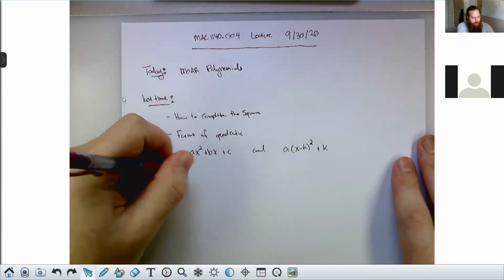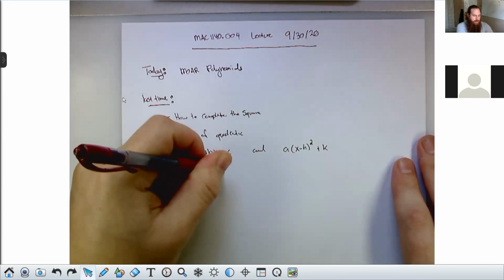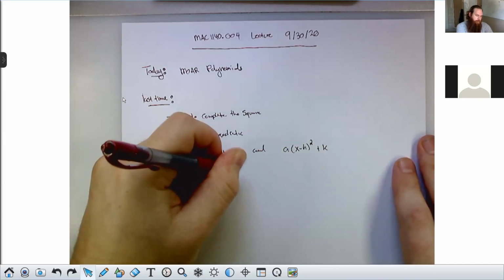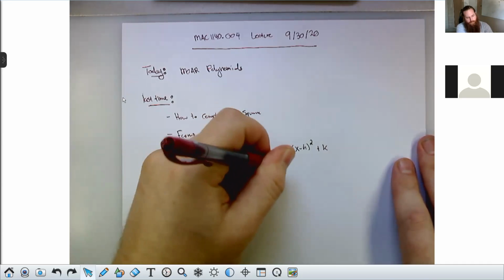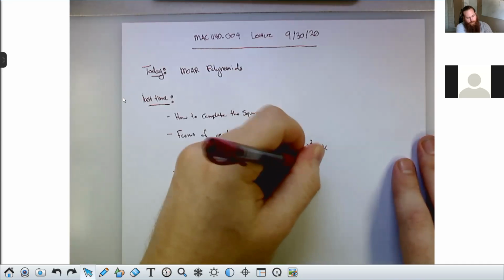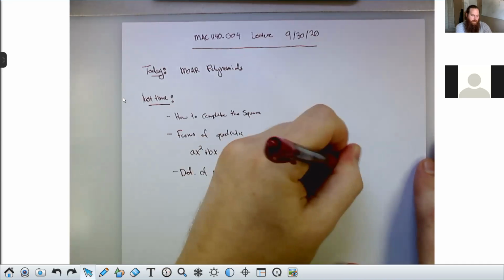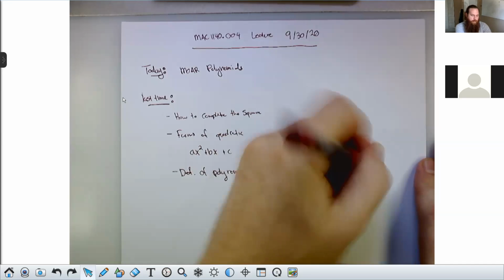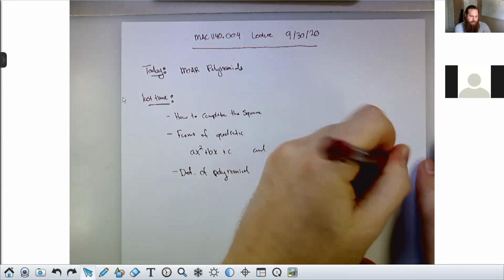We talked about the definition of a polynomial, which is a_n x to the n plus a_(n minus 1) x to the n minus 1 plus a_(n minus 2) x to the n minus 2, all the way down to a_1 x plus a_0.